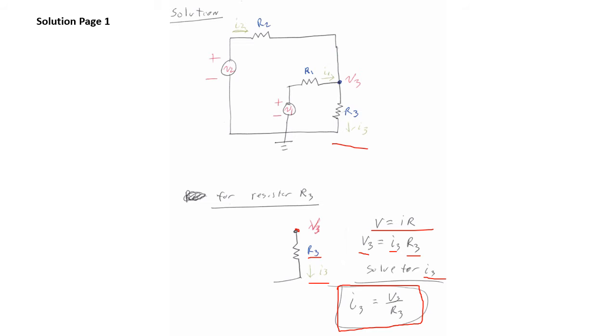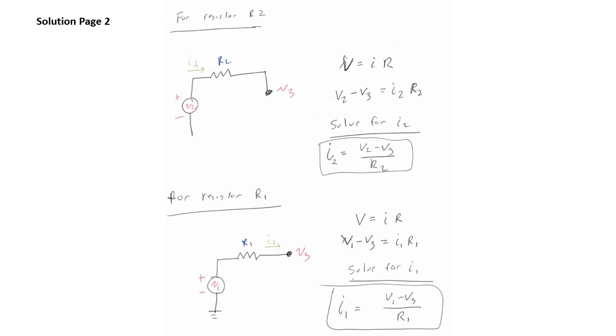Let's continue on and do the same thing for R1 and R2. We'll go to R2. For this part of the circuit, we redraw just that. Here's the voltage source on one side, my V2, and here's the voltage V3 on the other side. Here's my I2 current and my resistor R2. Start again with V is equal to IR, my general equation. The voltages I have are V2 positive from this side, and negative V3 from the other side, so that is equal to IR.